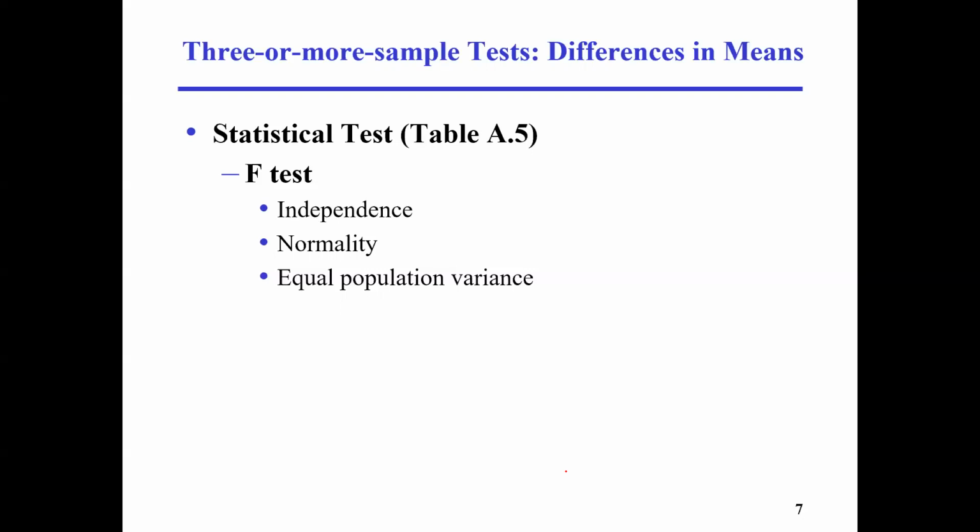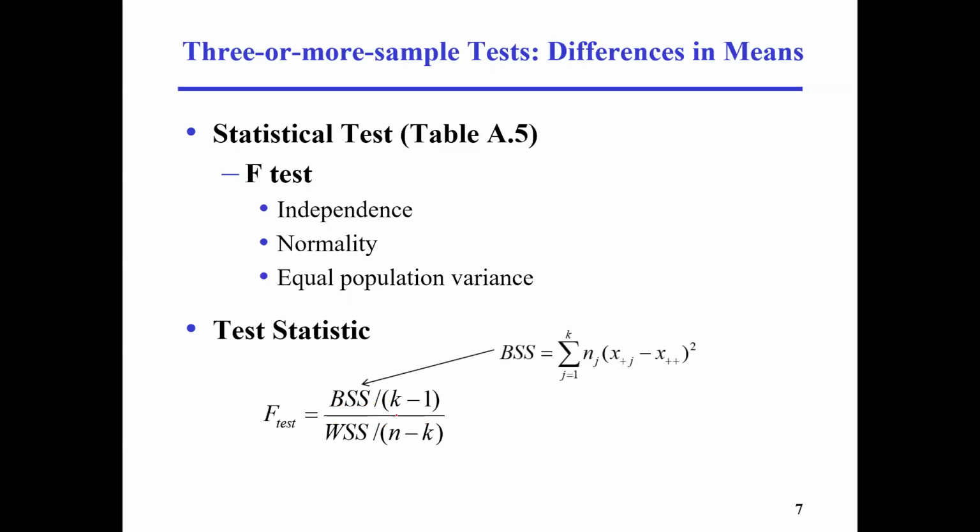They are consistent with the assumptions I mentioned before for ANOVA, right? And here is the formula for the F statistic. It's a ratio, so we have a numerator and a denominator. The numerator is the ratio between BSS and K minus 1.